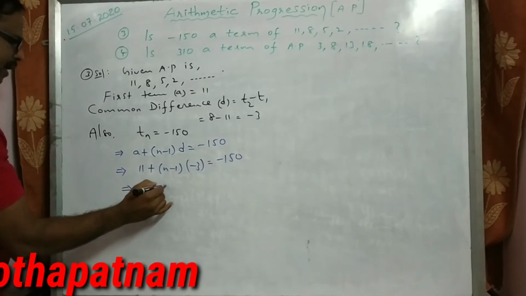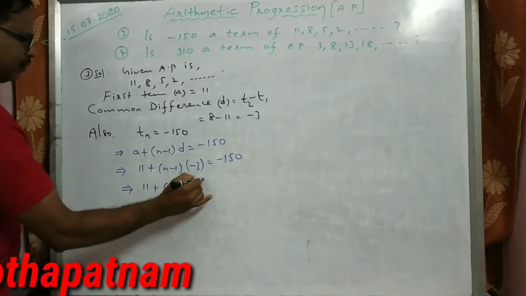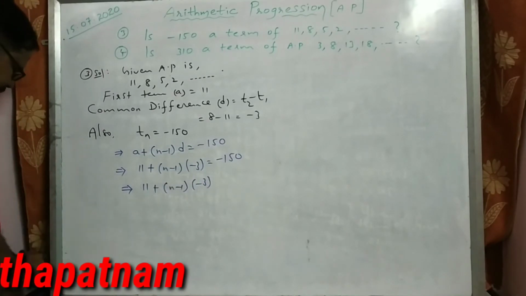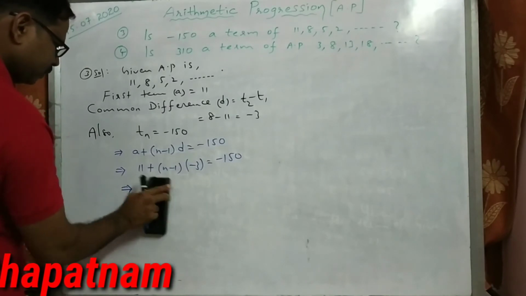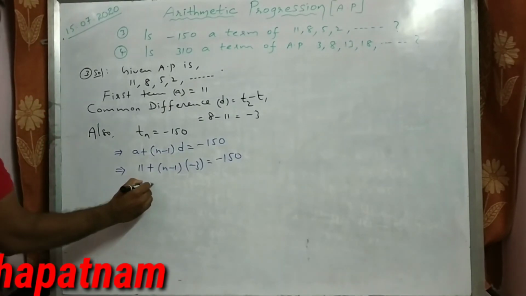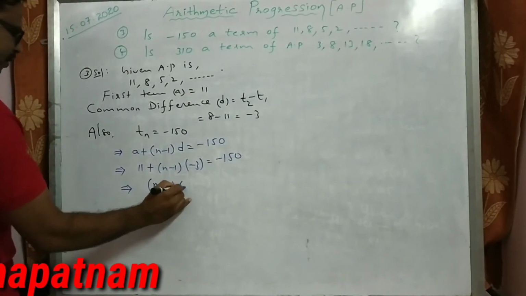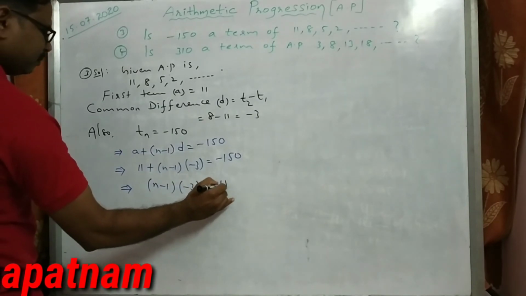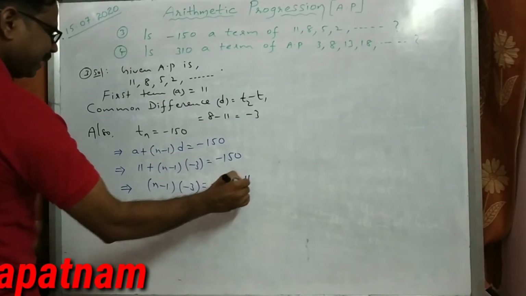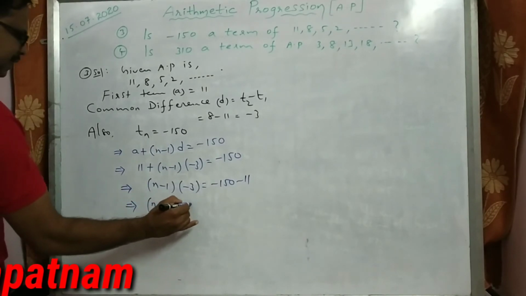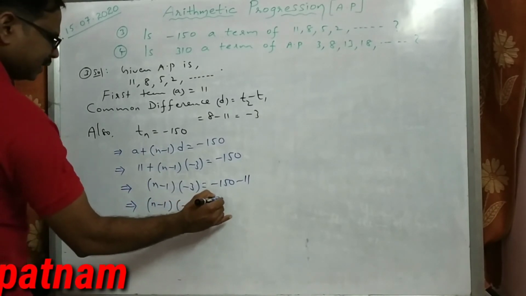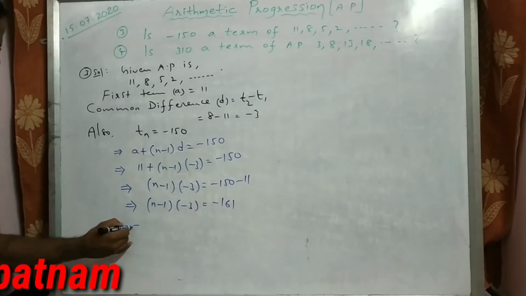So 11 plus n minus 1 into minus 3. Send 11 to that side first. N minus 1 into minus 3 equal to minus 150 minus 11, that will be minus 161.